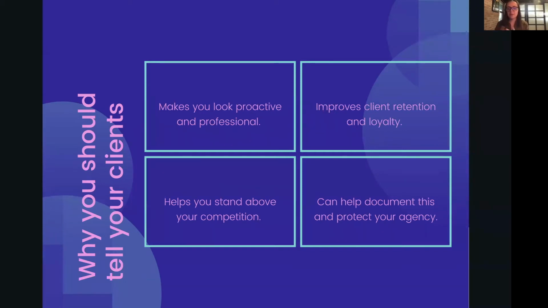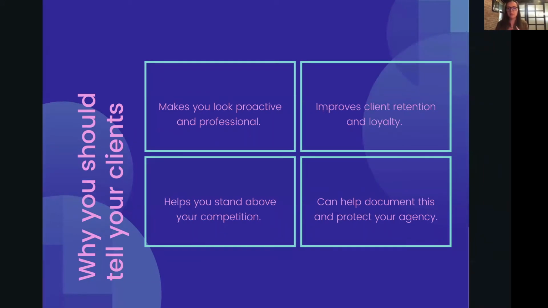It can help you stand above your competition. So other agencies that are not thinking about this stuff, if you put two different proposals together, being able to show yourself as a business-minded person who is well-rounded on all the things websites, including compliance, can really help you stand above your competitors who don't talk about this.